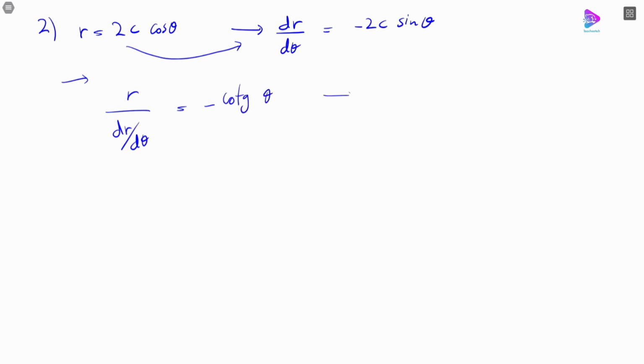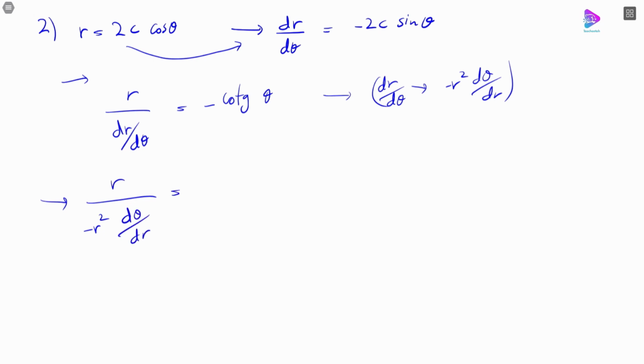And then again, dr over d theta would change to minus r squared d theta over dr. From here we would get r over minus r squared d theta over dr equal to minus cotangent theta, which simplifying will get you dr over r equal to cotangent theta d theta.